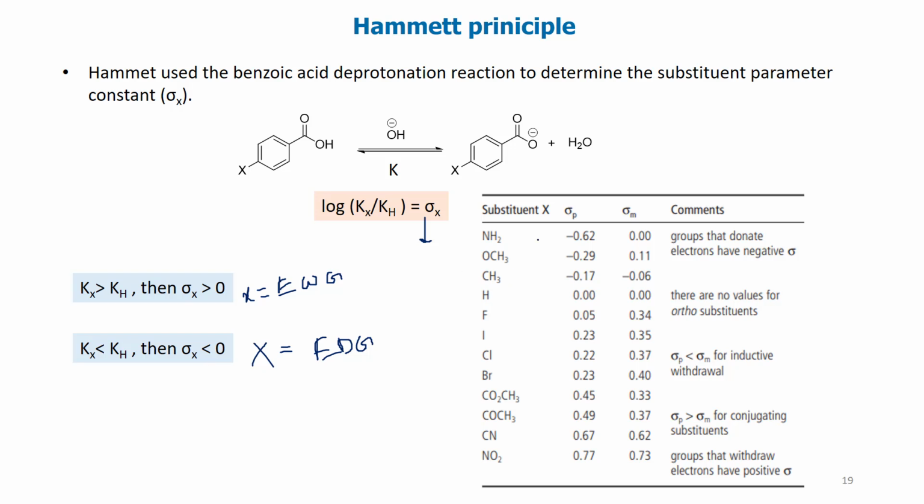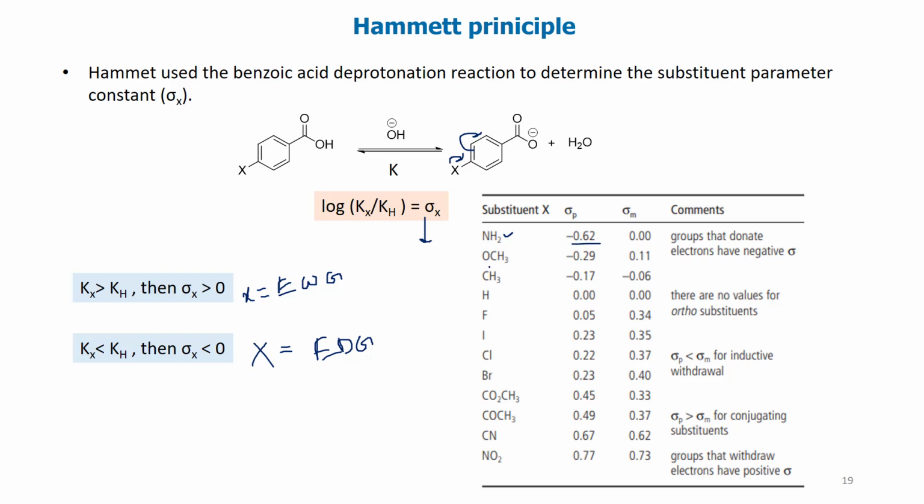Here I have provided some values also to show you how they match with this concept. NH2 is an electron donating group. It will donate electrons towards the ring. In that case, sigma x should be less than 0, and here you can see sigma x is less than 0.